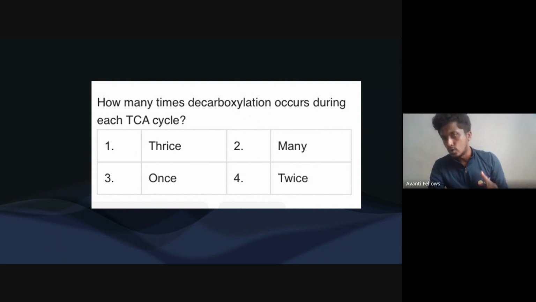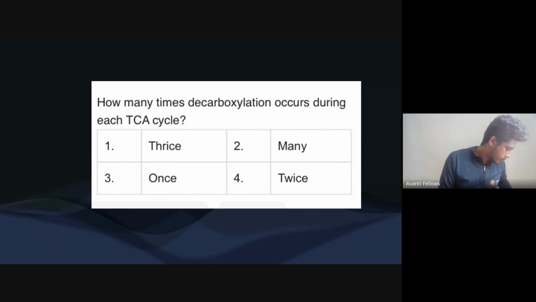Okay, I will just write it here so that you remember. Just give me a second, students. Let me write this. See, decarboxylation. When does it happen in the first place?